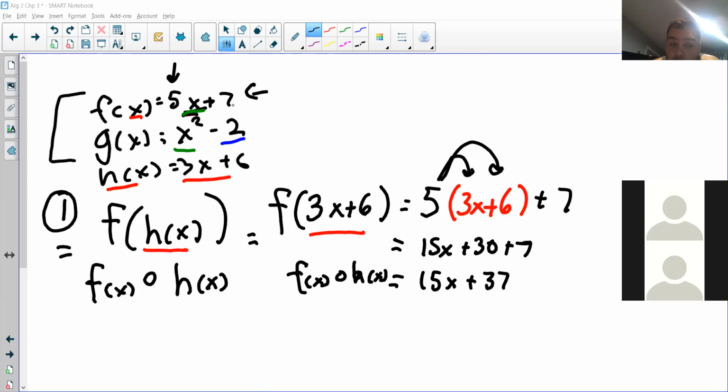So the final answer is just 15x plus 37. Again, the 5 is coming from the 5 in f of x. The x, which I rewrote in red, becomes 3x plus 6, and the plus 7 is just plus 7, which is over here.